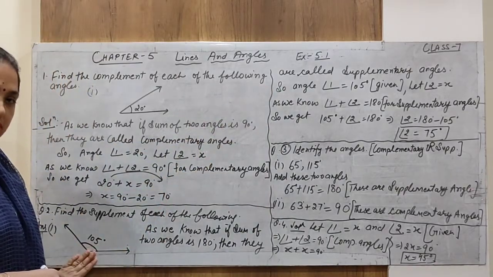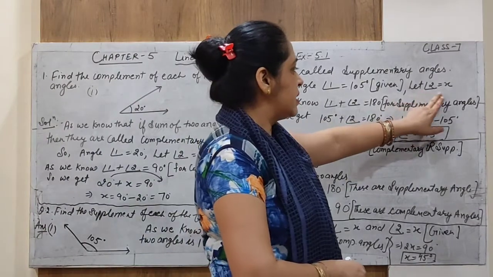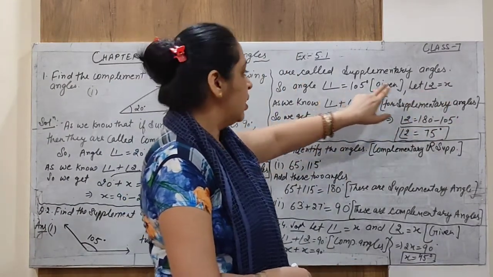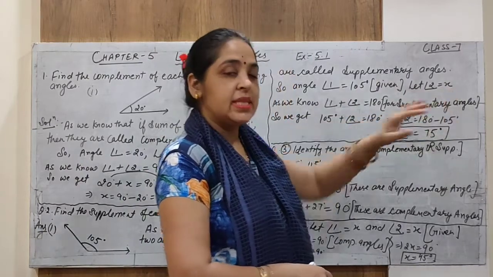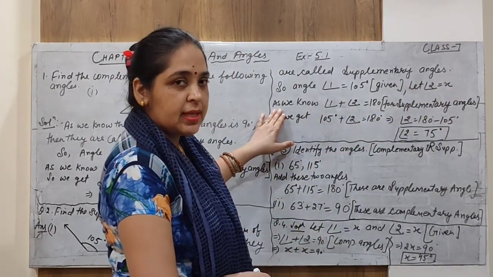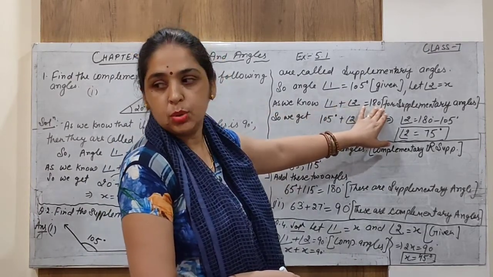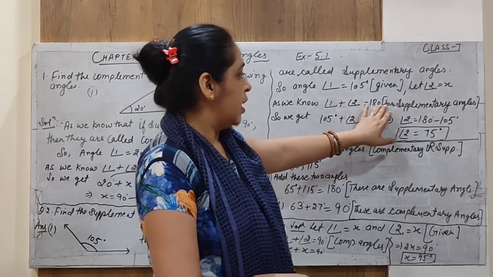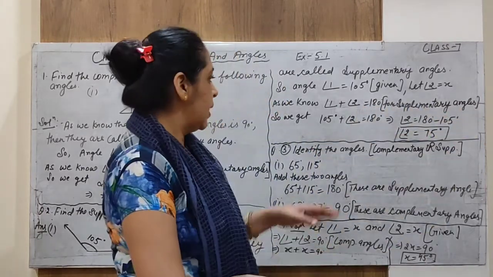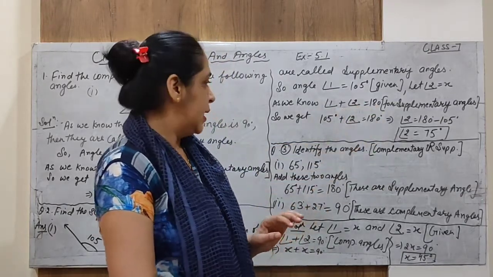Angle 1 is given, that is 105. Let the second angle be equal to x. So the first angle is 105 and the second angle is x, that we have to suppose. The condition is angle 1 plus angle 2 is equal to 180 degrees. For supplementary angles, the addition of two angles is equal to 180 degrees.